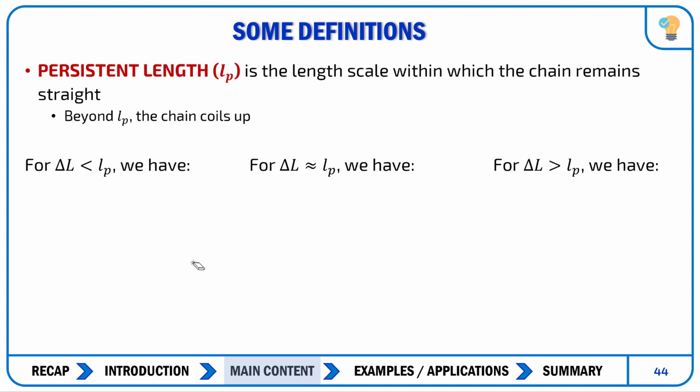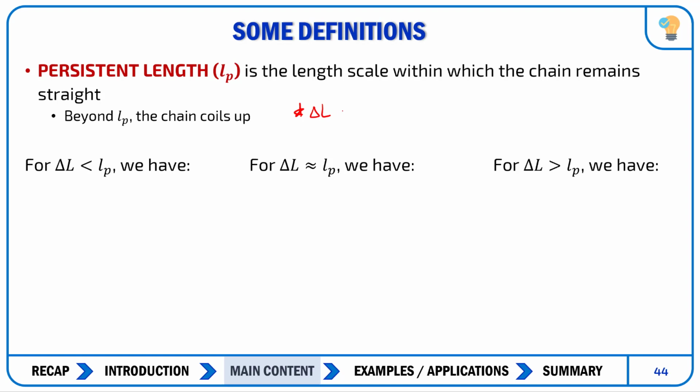So we've done quite a few calculations and derivations for different properties of the worm-like chain model for DNA. Now we go back to something familiar, persistence length. LP is the length scale with which the chain remains straight. Anything beyond that persistence length LP, the chain is going to coil up. So what we're going to look at here is delta L compared to LP.